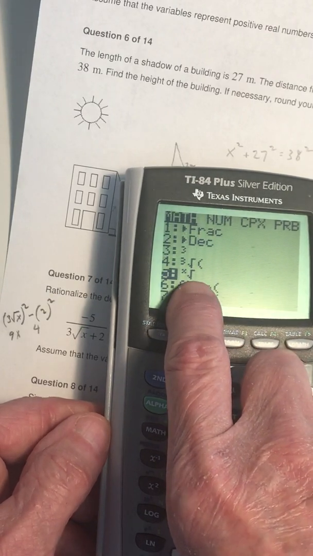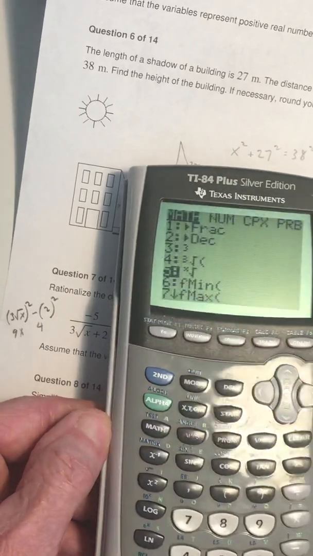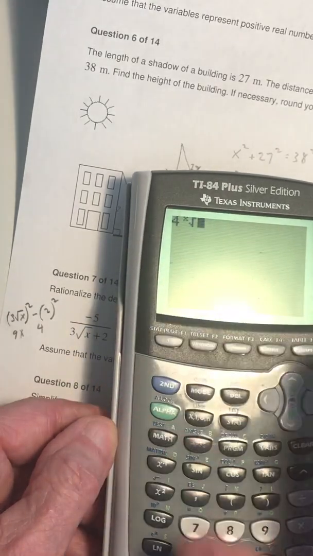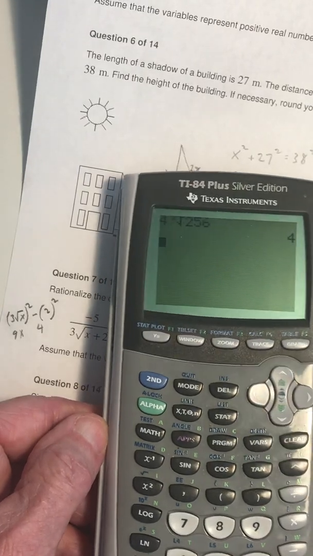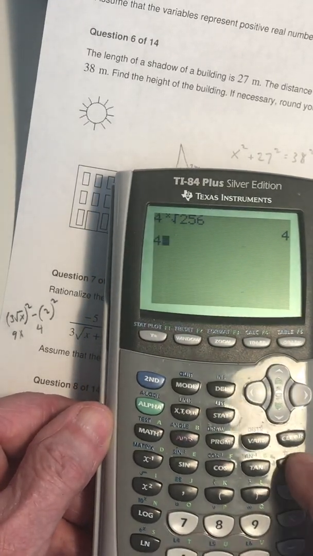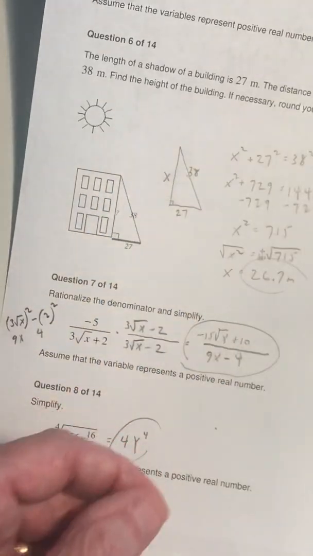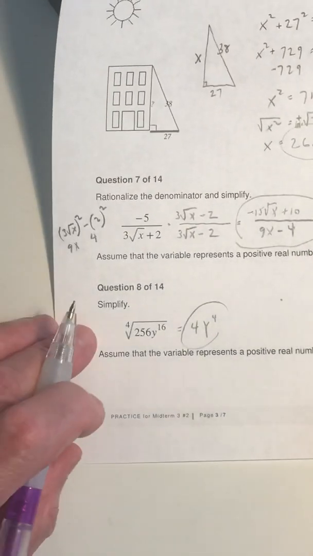The x is the index, which I already entered as a 4. When I hit enter, there's the 4th root of whatever I put next. If I put 256, the 4th root of 256 is 4. And going in the other direction, 4 to the 4th power is 256. Okay, so that concludes page 3.